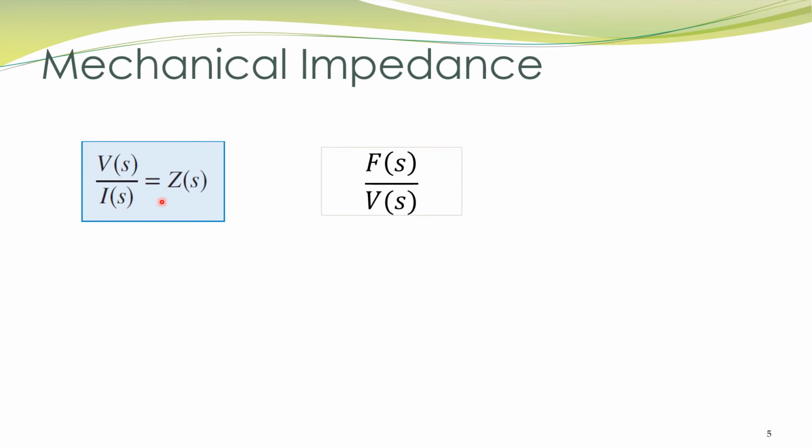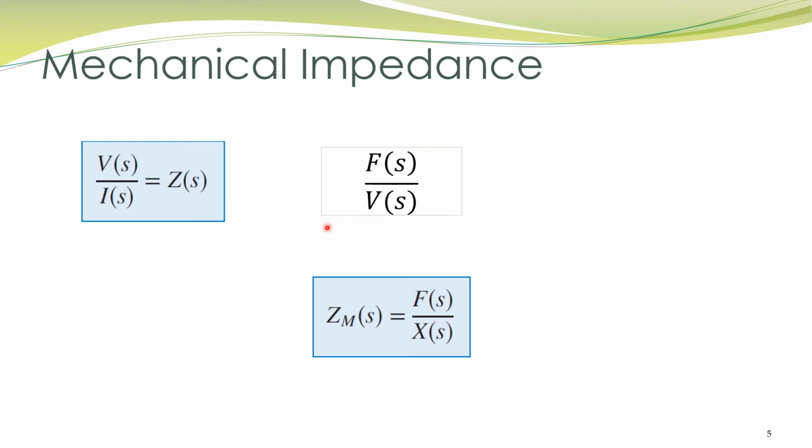Electrical impedance, you already remember, is given by voltage divided by current, and if we analogously define impedance for a mechanical component for translational displacement, it should have been defined as force divided by velocity, because force is analogous to voltage and velocity is analogous to current. However, we had defined it differently: since we are more interested in position, we defined mechanical impedance as force divided by displacement.